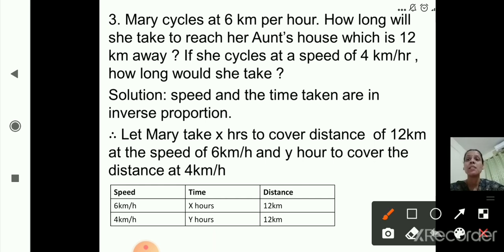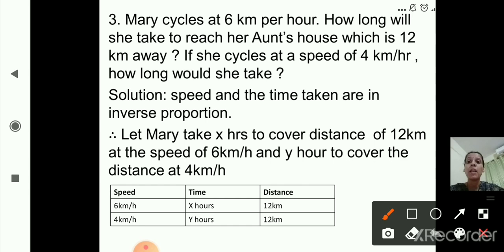Mary cycles at 6 km per hour. For 1 hour, the speed of the cycle is 6 km. Okay. How long will she take to reach her aunt's house, which is 12 km away? The distance is 12 km. If she cycles at a speed of 4 km per hour, how long would she take? Okay. So here what is given? Speed and the time taken are in inverse proportion.